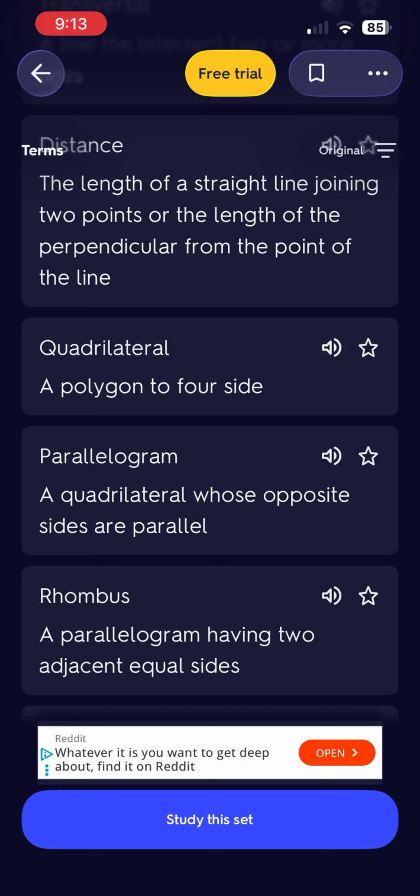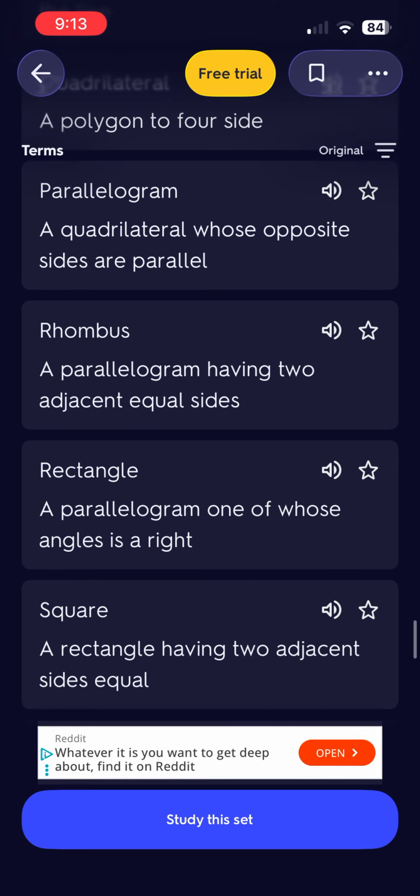Quadrilateral. A polygon of four sides. Parallelogram. A quadrilateral whose opposite sides are parallel. Rhombus. A parallelogram having two adjacent equal sides.